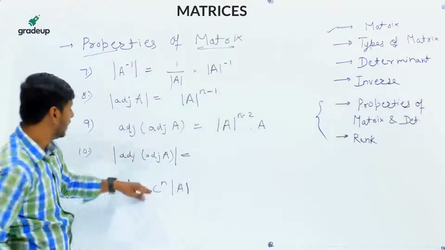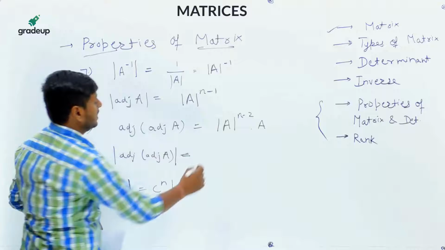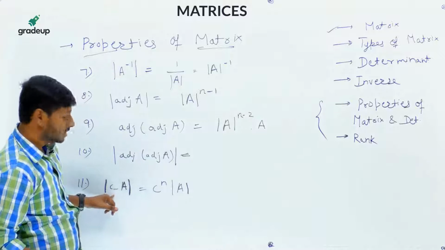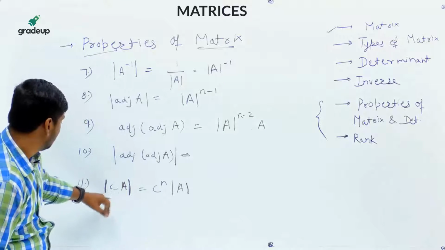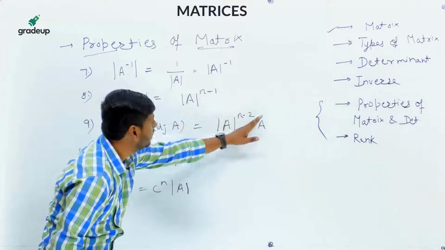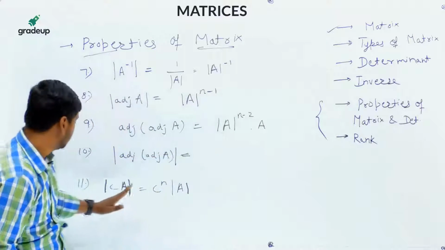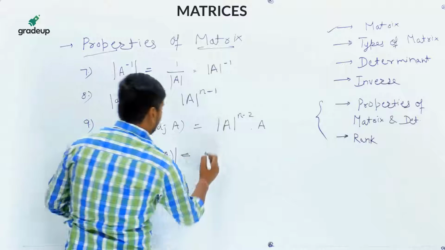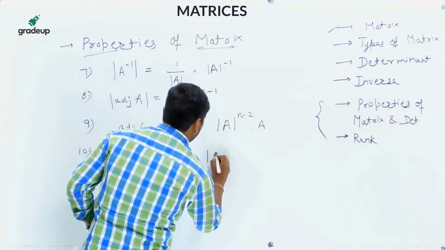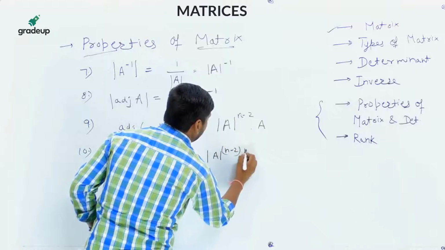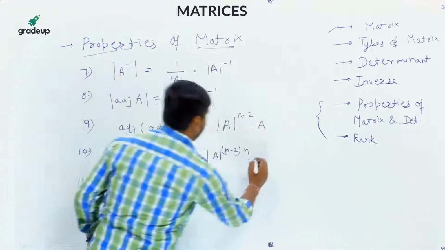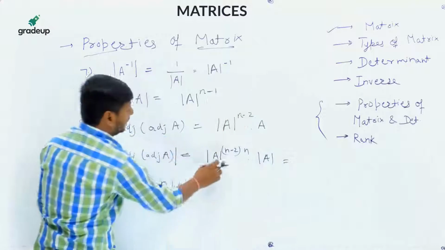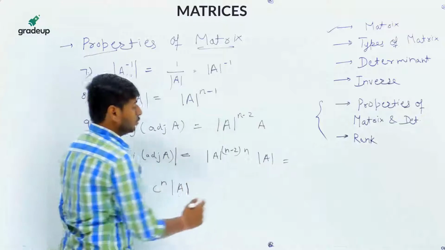Okay. So now we will derive the 10th property with the help of this. Determinant A to the power n minus 2 is a constant only, that is equal to C. So it is the same as CA, where C is determinant A to the power n minus 2 and A is A. It is equal to C to the power n determinant A. So that is determinant A to the power n minus 2, whole to the power n, into determinant of A. Now n minus 2 into n is n square minus 2n.